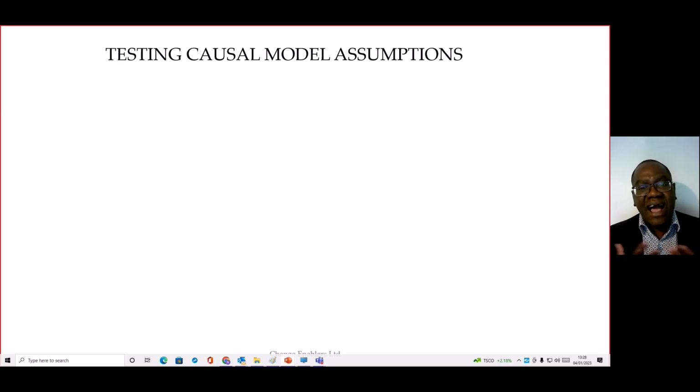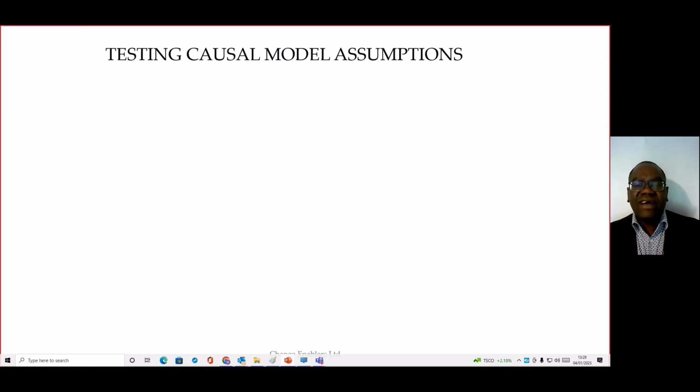I don't know. However, an SME will be able to confirm, yes, this is what we do, in which case we retain that causal link, or no, we don't do that, in which case we delete the link. The point, though, is the assumption is transparent for anyone interested to observe and validate.